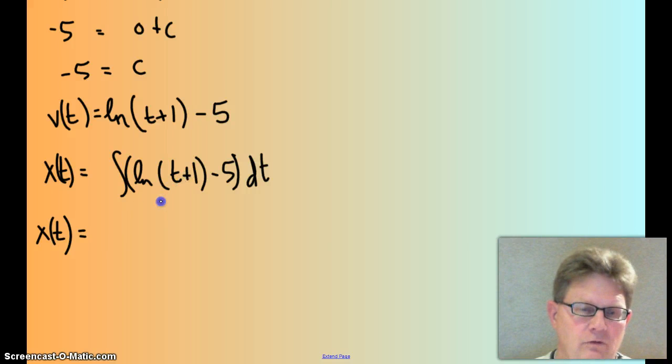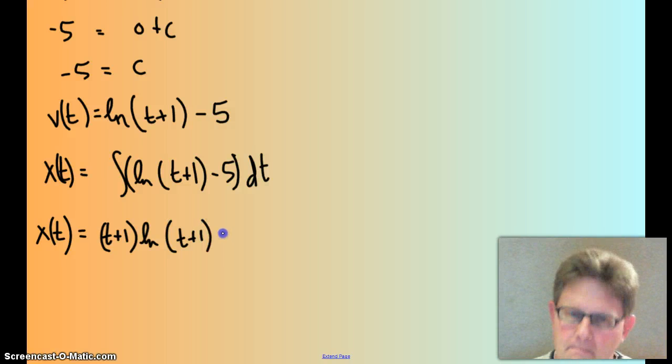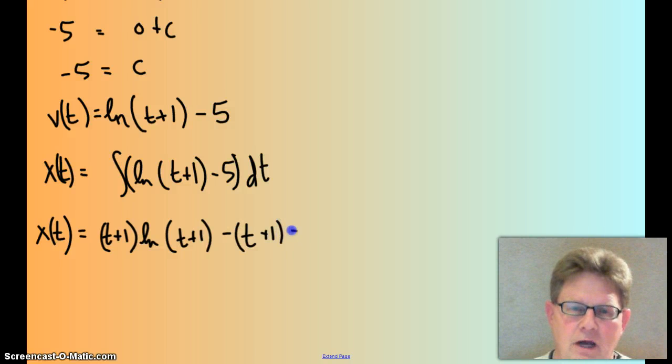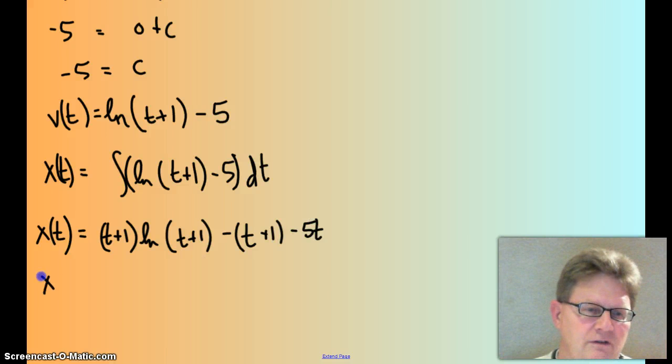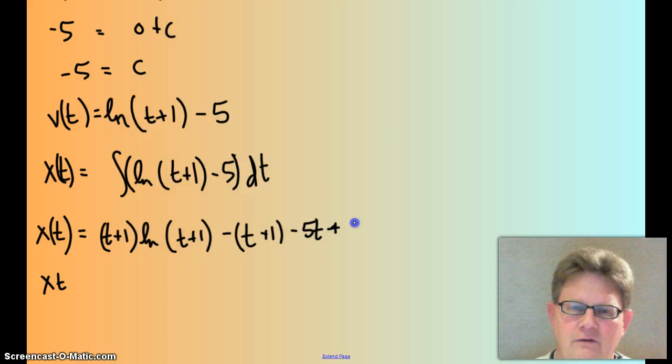So this is t plus 1. But because of the chain rule, the derivative is 1, so it doesn't change it at all. T plus 1 times the ln of t plus 1, minus t plus 1 in parentheses, minus 5t, plus some arbitrary constant c.